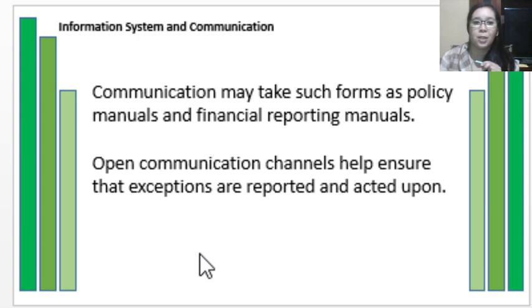Open communication channels will also help ensure that exceptions are reported and acted upon. Communication may also be in the form of training or memoranda and others. But the best thing that they can use is the manual. This will be their guide in performing their respective tasks. So those are for the information system and communication.